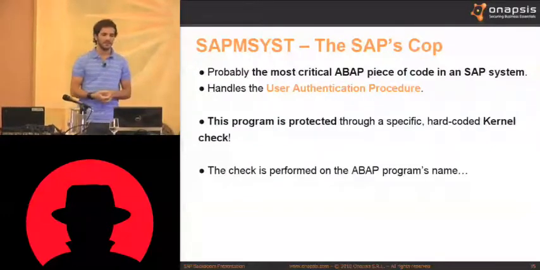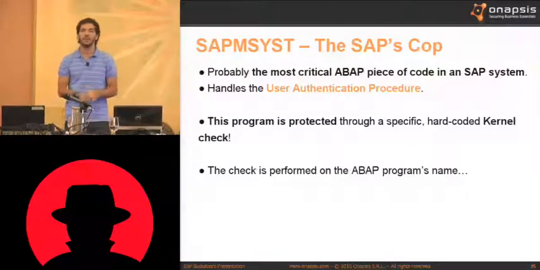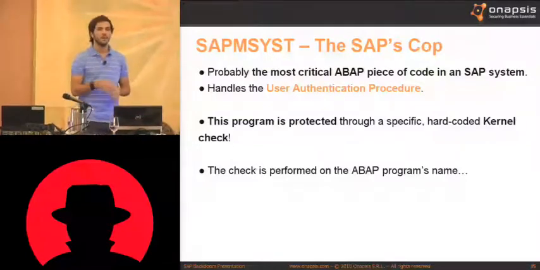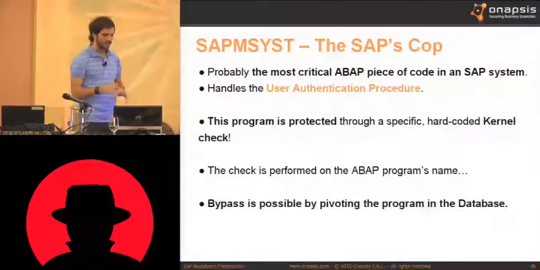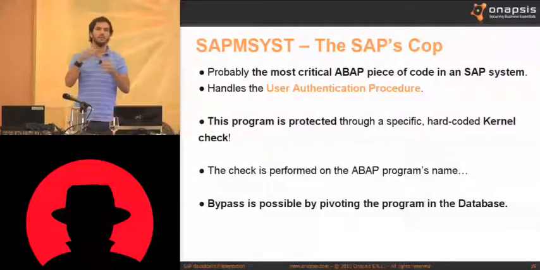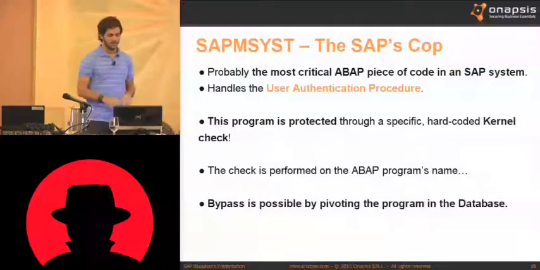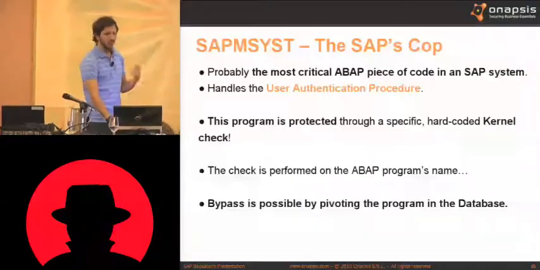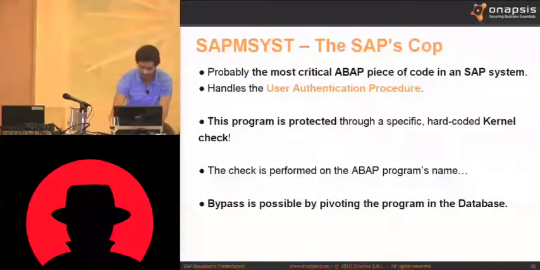But what I realized is that the check was only performed on the ABAP program name. So you can pivot it and change the name in the database, get the source code, modify it, and write it back. So it's possible to bypass this check, and we're going to see that.